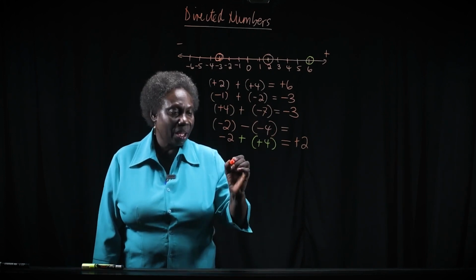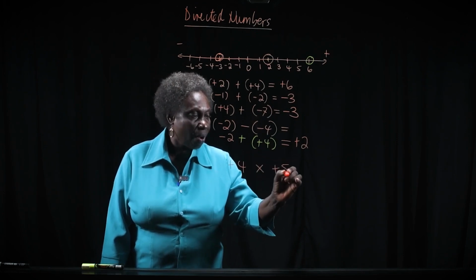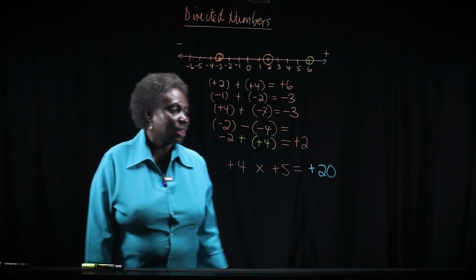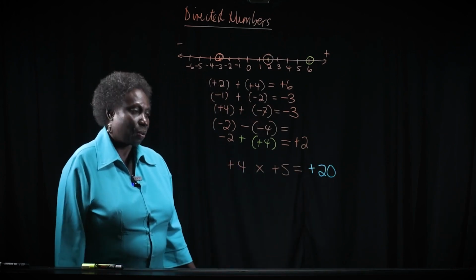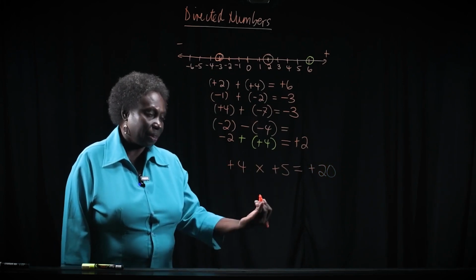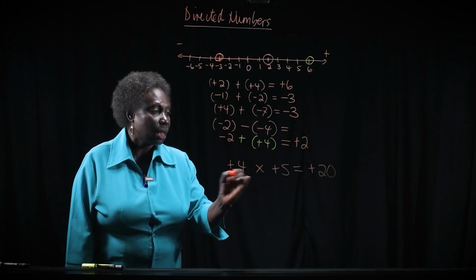Example, if I have +4 times +5, my answer will be +20.